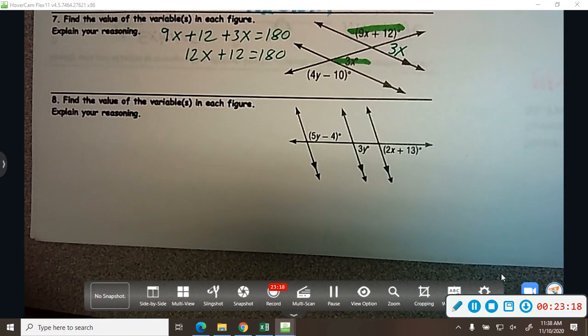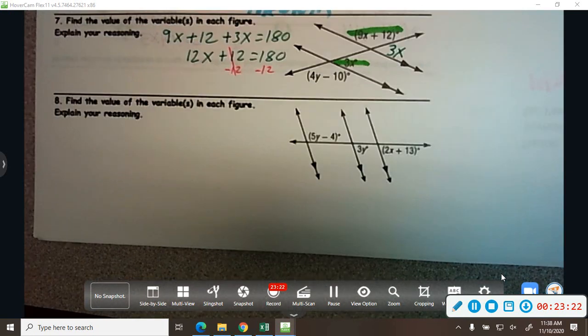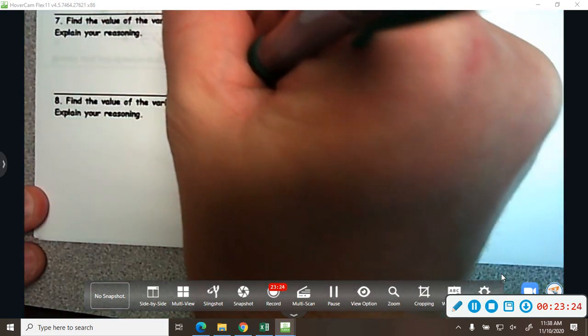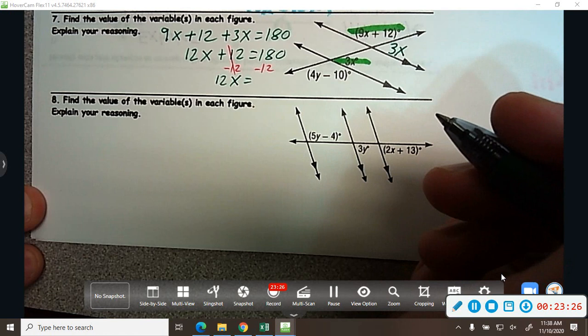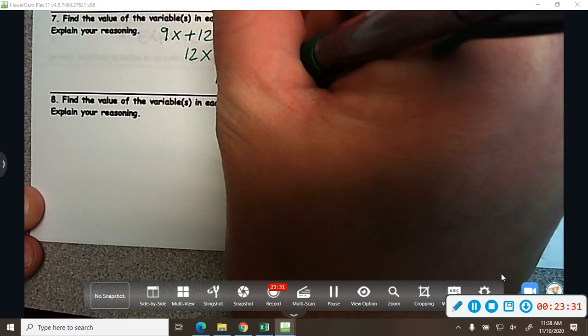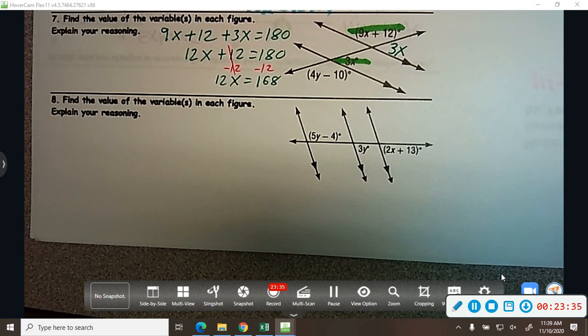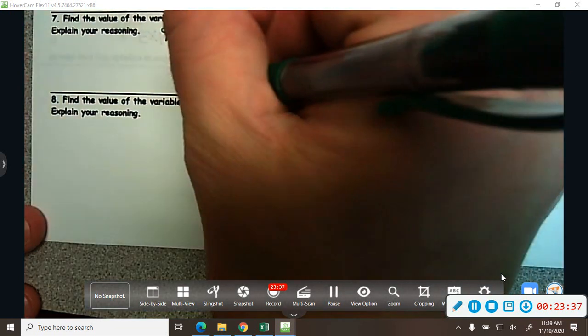Minus 12 from both sides. And let's see, that'd be 168. Take 168 divided by 12, and I get 14.